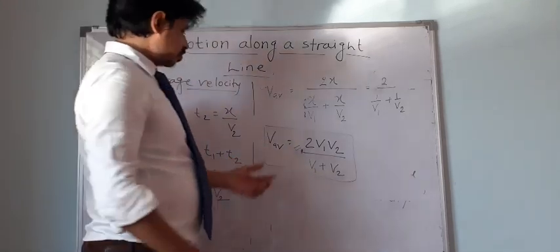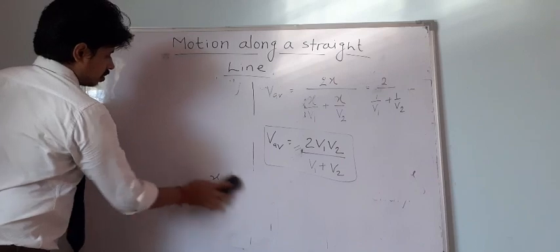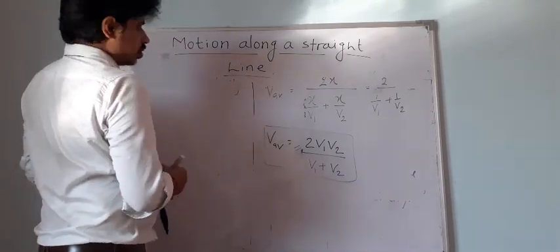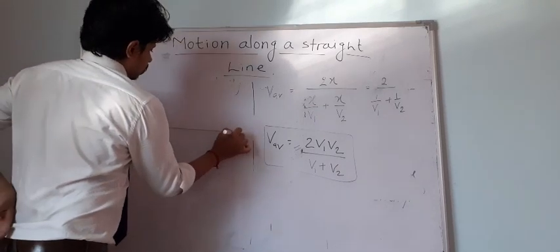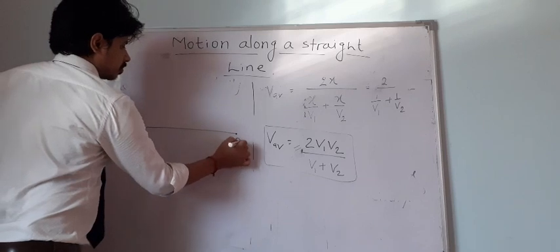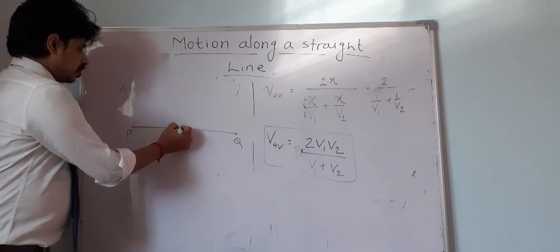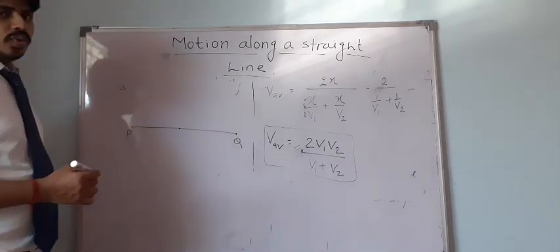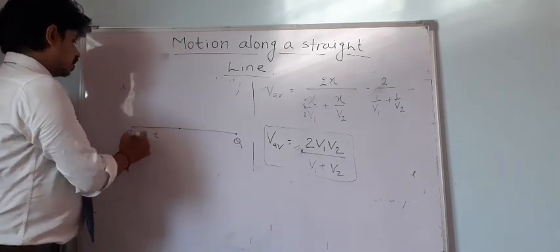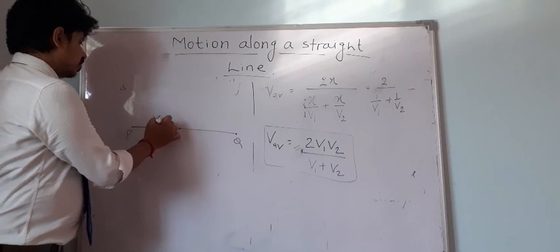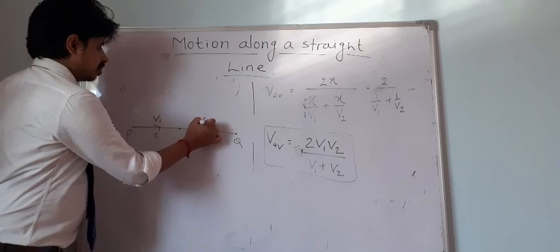Now the next type of average velocity. Suppose a particle moves from P to Q such that for two equal halves of time, in the first half of time it travels with v1 and in the second half of time it travels with v2.